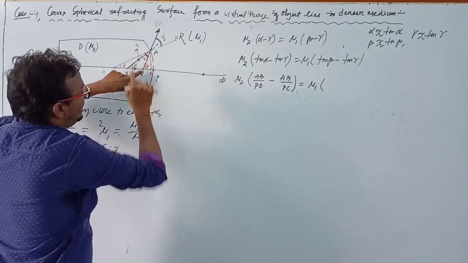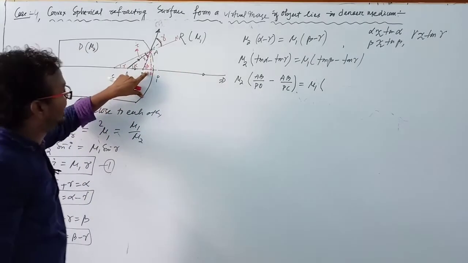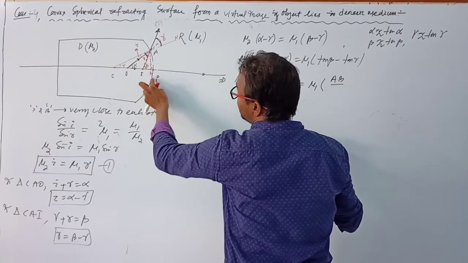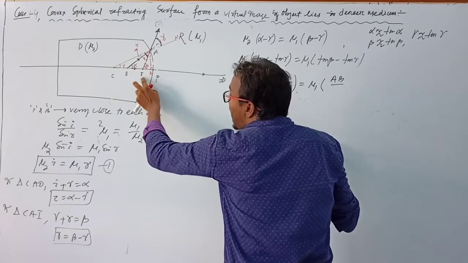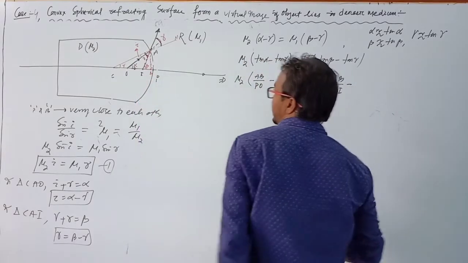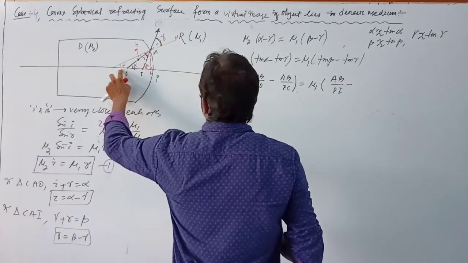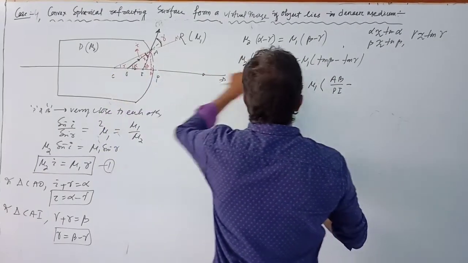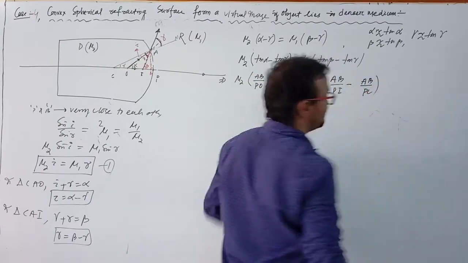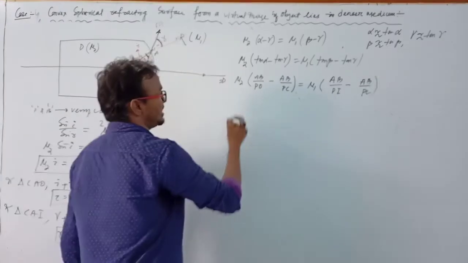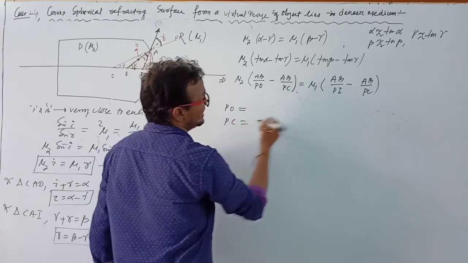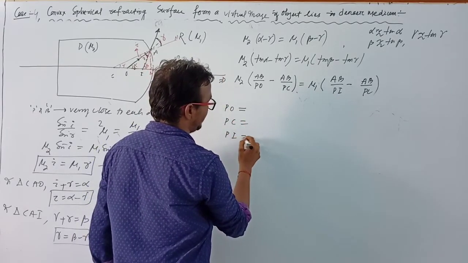In this right angle triangle, beta is the base angle, so tan beta equals perpendicular AB by base IB, equal to IP or PI. So we can write PI minus tan gamma, and tan gamma is AB by PC. By using sign convention, we have to find the value of PO, PC and PI.